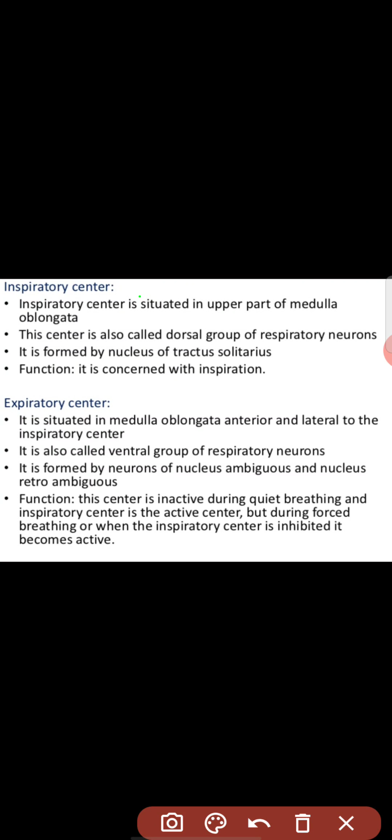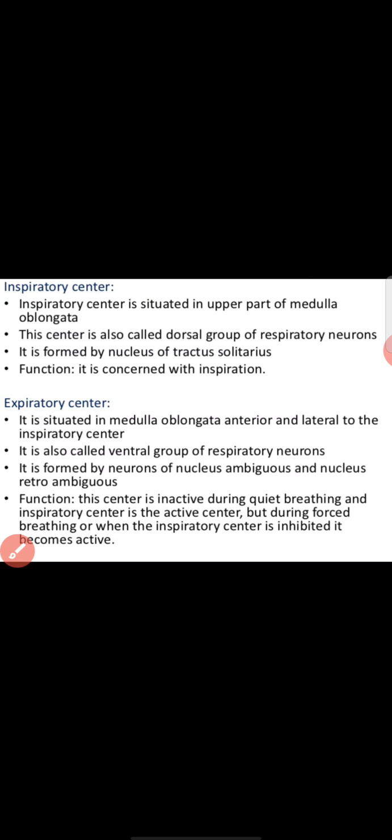It is also called the ventral group of respiratory neurons. It is formed by the neurons of the nucleus, and its function is initiated during expiration.